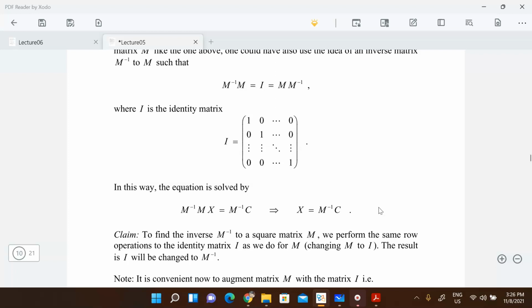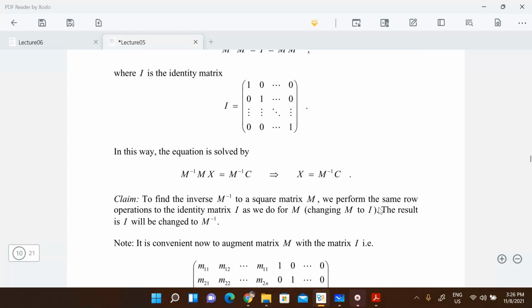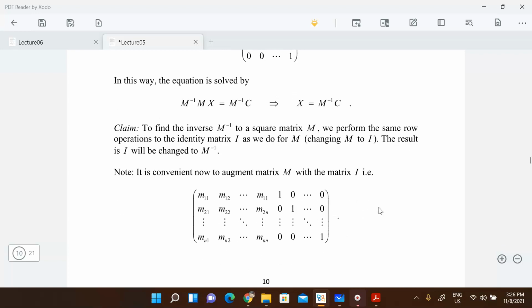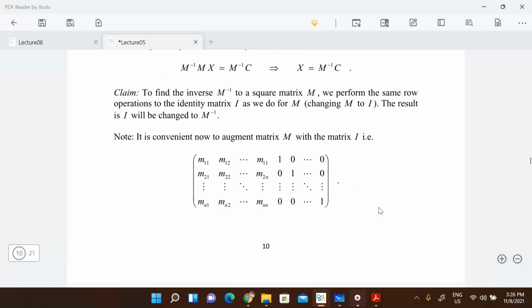So what's the claim here? The claim here is that if you do the same row reduction, I'm now appending matrix M, here's matrix M, but I'm appending it with a different matrix, which is not your right hand side, but now it's an identity matrix.